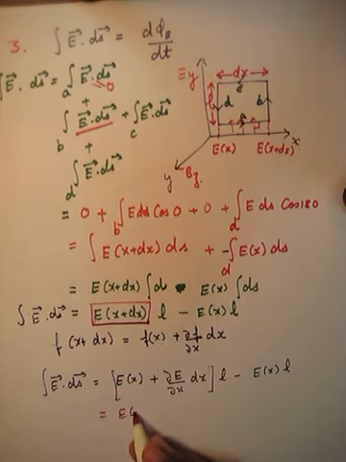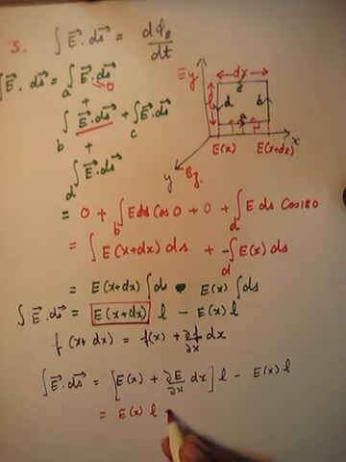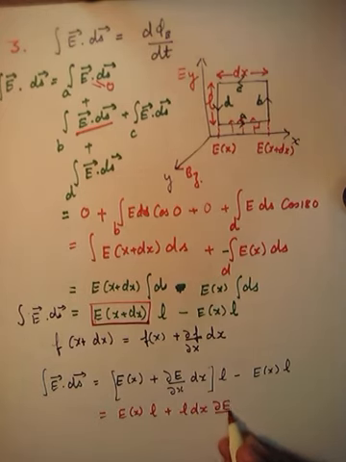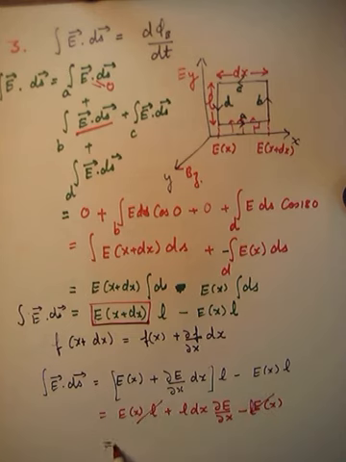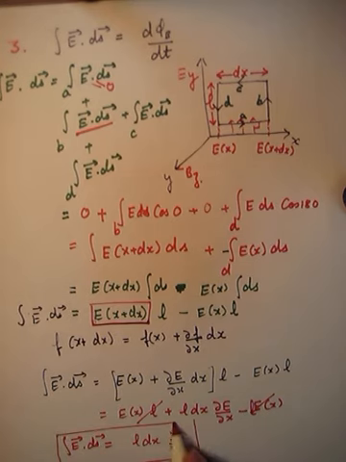So E of x into L plus L dx curly E upon curly x minus Ex into L. So you can cancel these and it will be L dx curly E upon curly x. This will be the integral of E vector dot ds vector. Okay. Let's say this is equation 1.